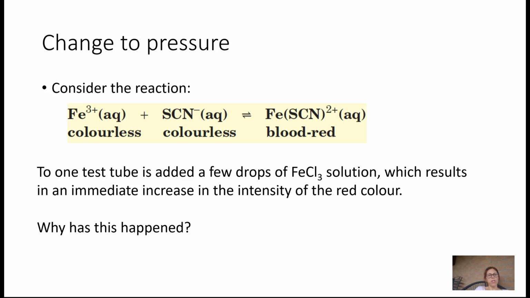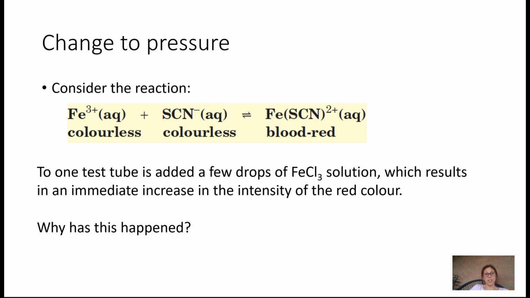So looking at our equation there, if I am adding some iron 3+ ions to that reaction, we are going to get our reaction shift to the right and the formation of the iron thiocyanate ions there, and that is indicated with that blood red colour. So that blood red colour is going to intensify, and that can be explained in the same way as with our temperature.